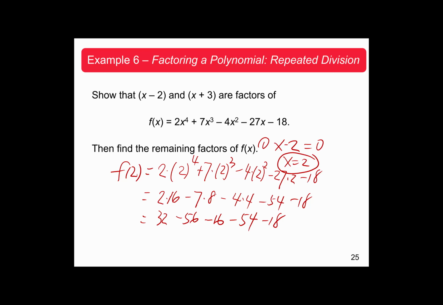So right here we get 88, minus, this is 70, minus 18. That's exactly 0. So that proves x minus 2 is a factor of this function f of x.